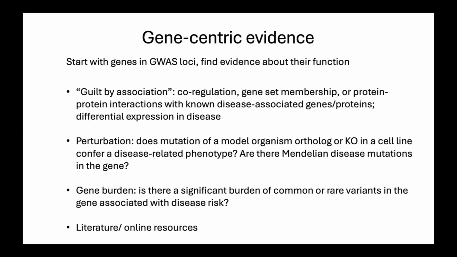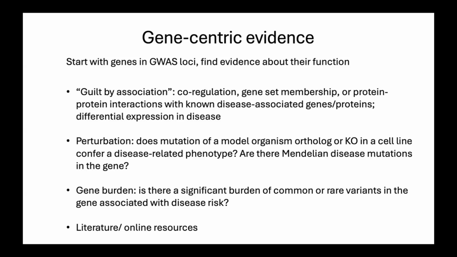So this is just looking at the aggregate associations of all the variants in the gene. And you can look at common variant or rare variant associations. And the idea is, does the gene level score show a significant association with disease risk? And finally, there's literature and online resources, which are a very valuable source of course, really detailed experimental information about just specific genes and proteins.